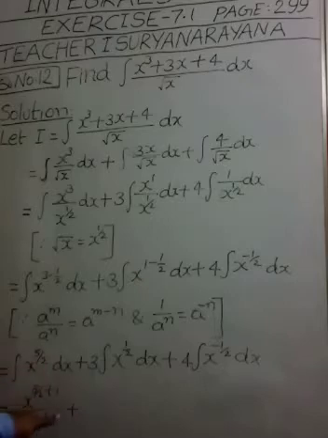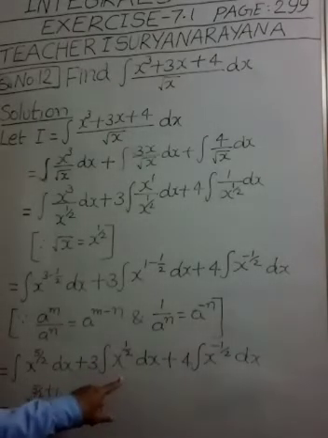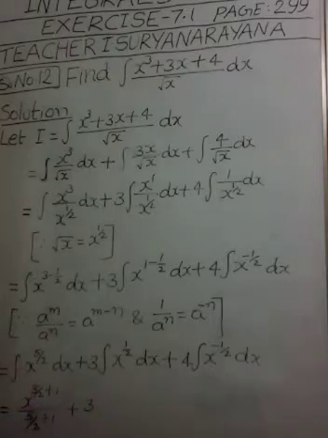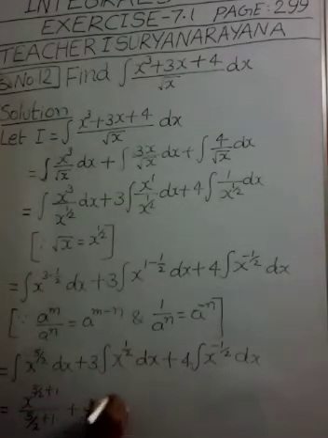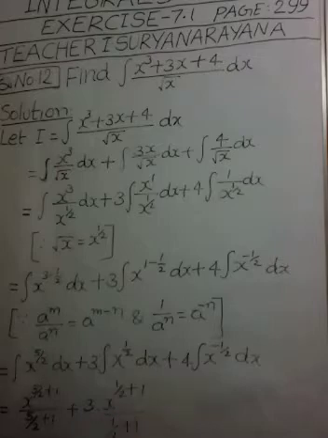We found the integral of the first term. Understood this first term, my dear children? Right. 3 into, here also we use the same integral formula, integral x to the power of n dx. So x power 1 by 2 plus 1 by 1 by 2 plus 1. Understood the second term, my dear children?